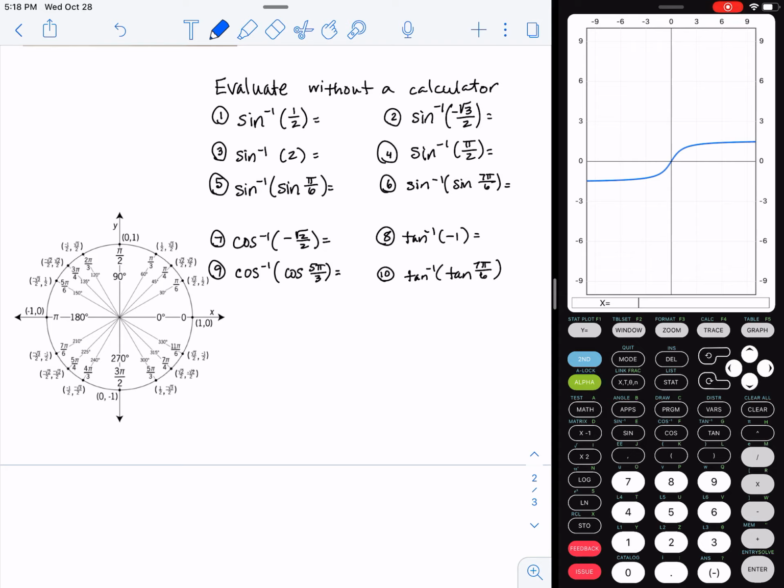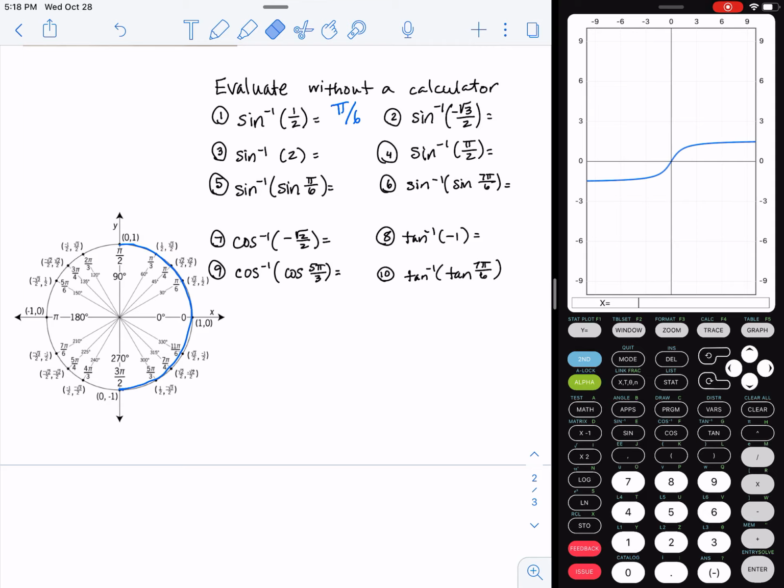Which angle measure has a sine of a half? That is in quadrants 1 or 4. Looking at the y value, where is it a half? Well, it's a half at pi over 6. So the arc sine of a half is pi over 6.